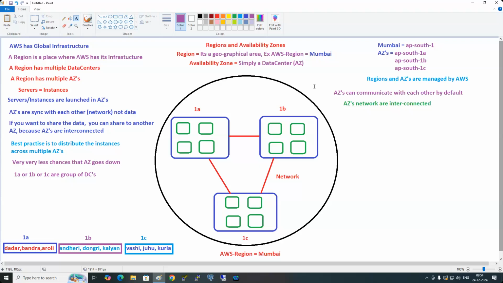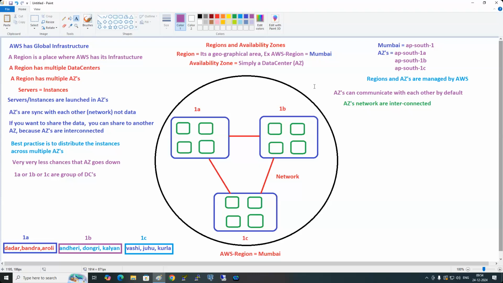We can also say region is a geographical area, but the better definition is to say a region is a place where AWS has its infrastructure. Okay, next question. What does the region contain? Availability zones. What is an availability zone? Data centers. Which region are we using in our course? Mumbai. What does Mumbai contain? Data centers. What are those data centers called?